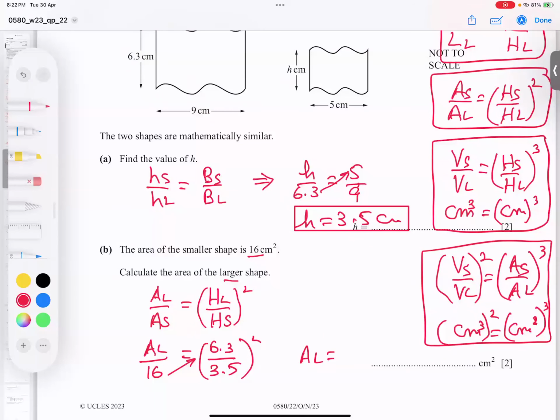Hold on. 16 times 6.3 divided by 3.5 and power 2 on the top. My answer is coming 51.84 and nothing after that. This is called an exact answer. In an exact answer, I will not round, not even to 3SF. Okay, so let's go for the next question.